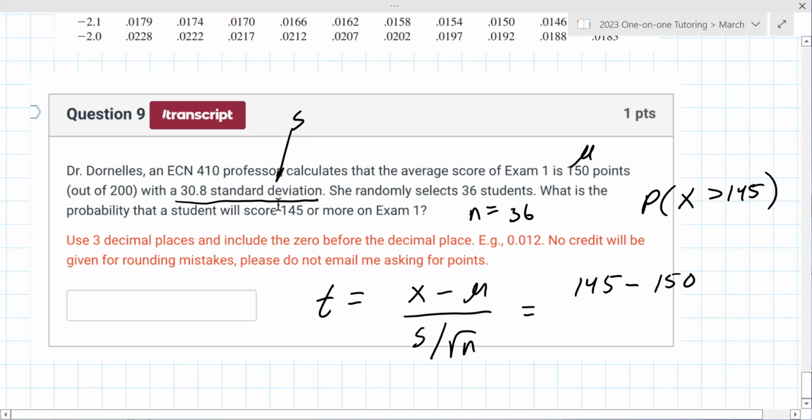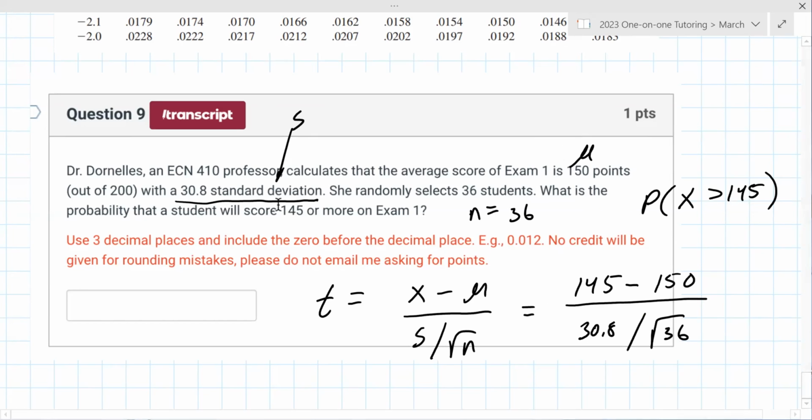I was about to say that 150 was X bar. It's actually mu, the one that we think is a good estimate of the population. Your S is 30.8 divided by the square root of 36. So we need this T value.